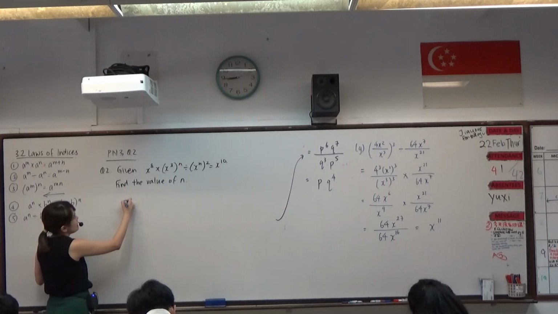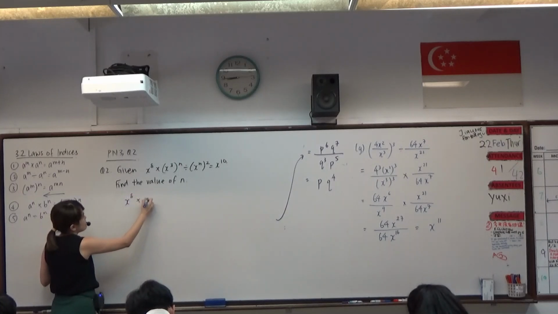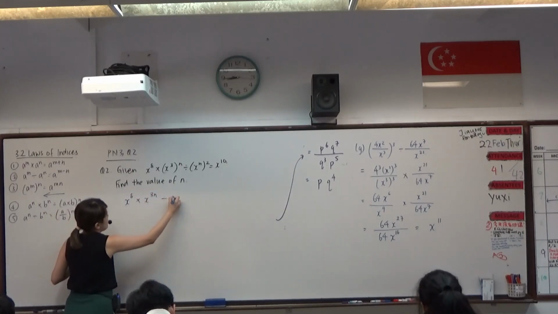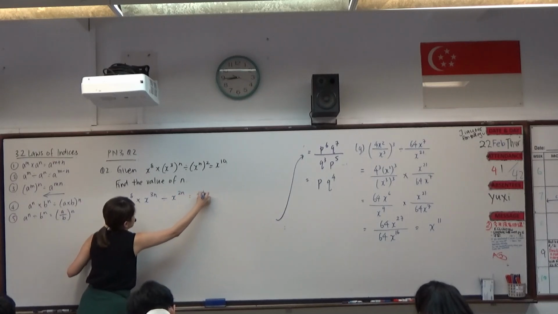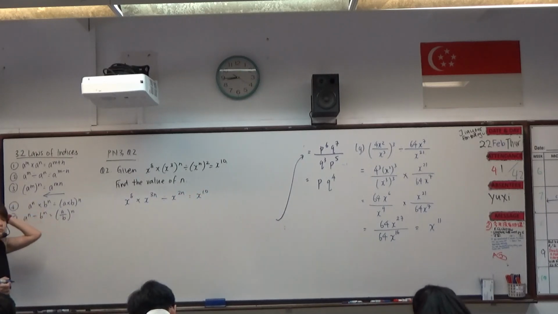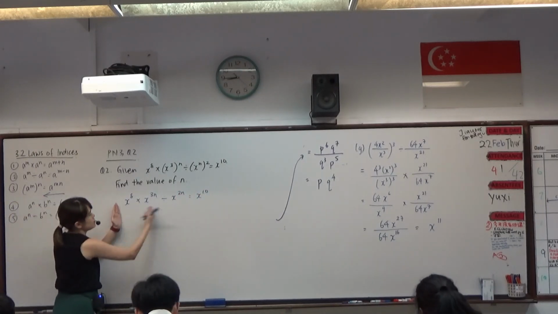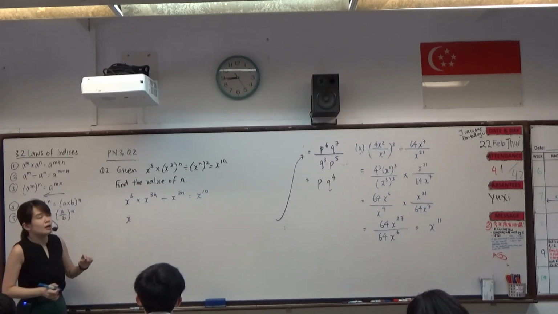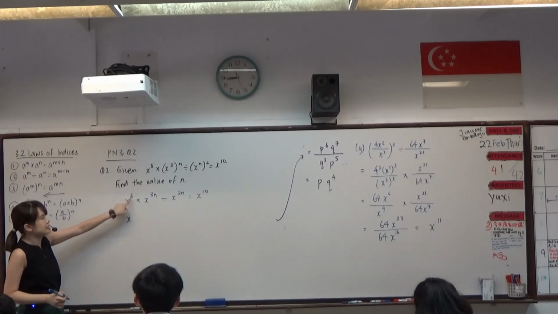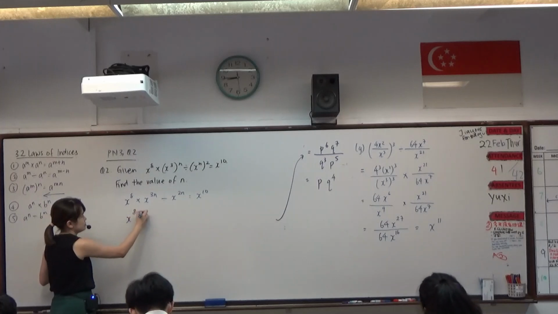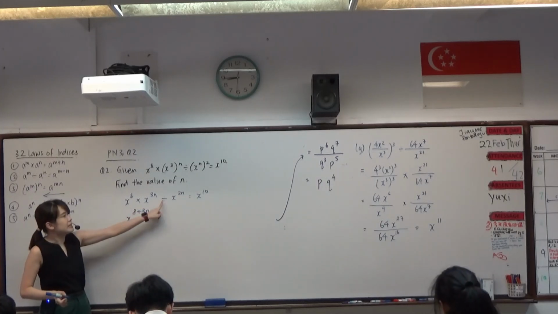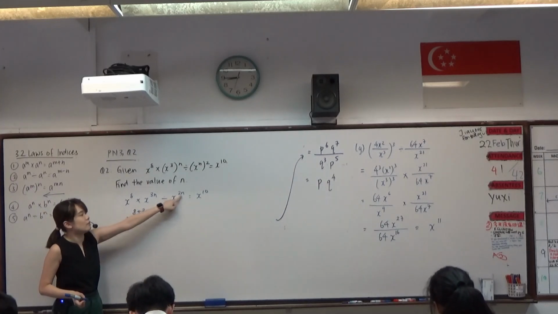So I can have x to the power 8 times x to the power 3n divided by x to the power 2n. To combine all this into one, because it's multiplication, it means 8 plus 3n. Then because of division, we minus away 2n.